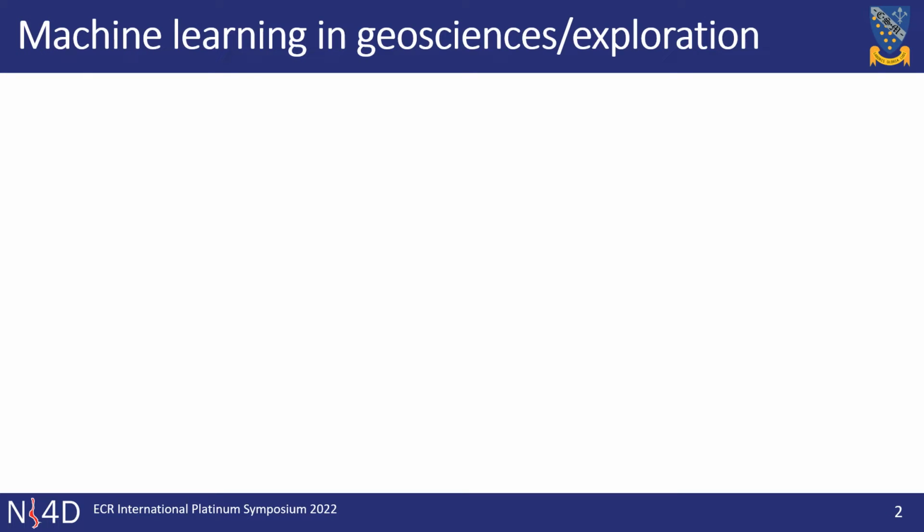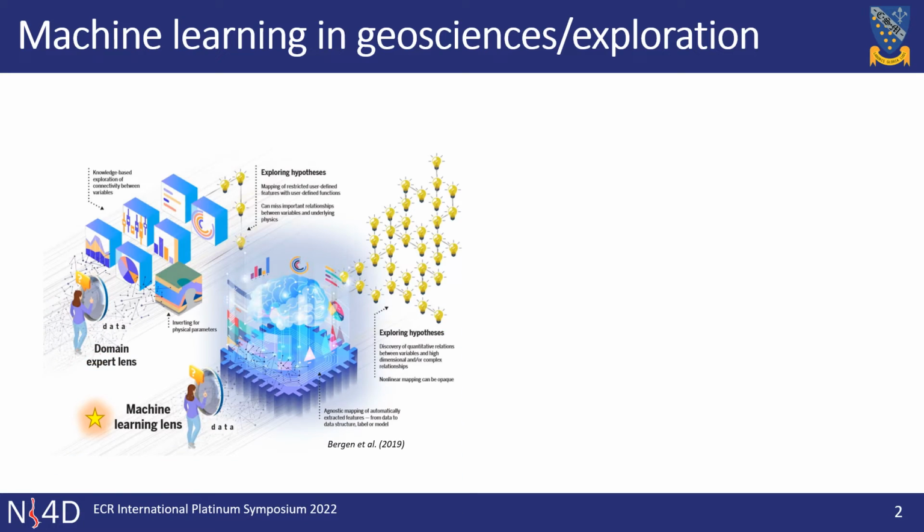So we are talking here about using machine learning in geosciences and exploration. Under the domain expert lens, you get data and you use your knowledge to understand the data based on what you know about the laws that constrain that setting.